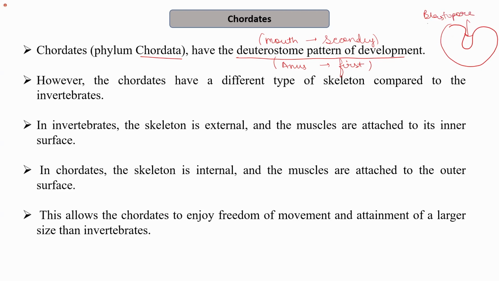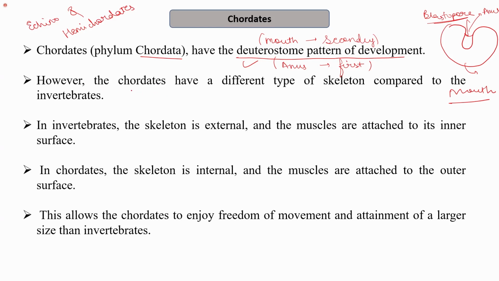When the anus is developed near the blastopore and the mouth is developed away from it, such organisms are deuterostomes. So we know that along with chordates, echinoderms and hemichordates also have deuterostome pattern of development. So basically chordates, echinoderms and hemichordates are the deuterostomes. Remaining ones are the protostomes, where the mouth develops near the blastopore and it develops first during the development.